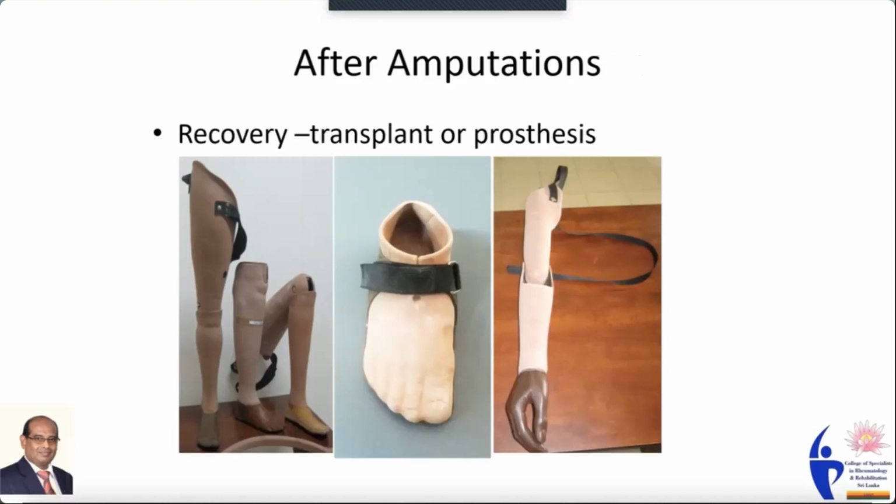The way to recover from an amputation is by either transplant or prosthesis. The chances of transplant, especially in traumatic conditions, happen from time to time, but its success is very rare. Hence, prosthesis is the main way the patients can recover their function.